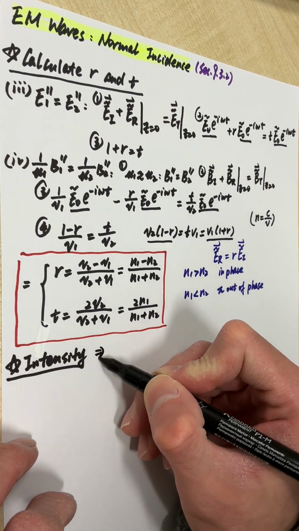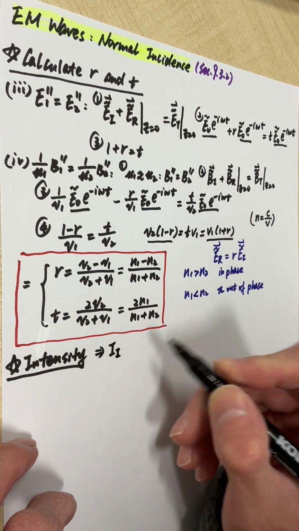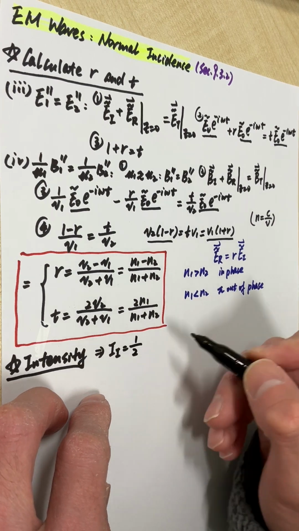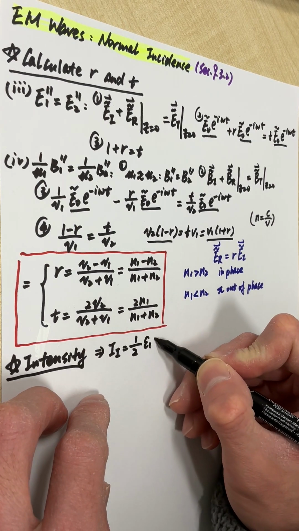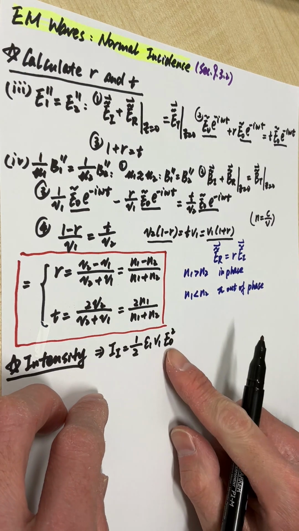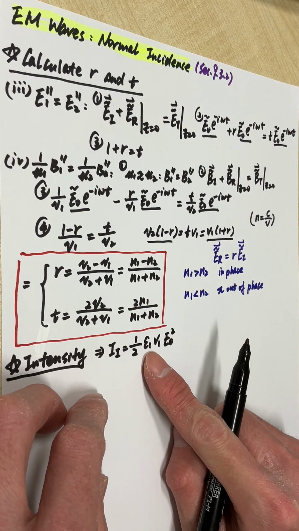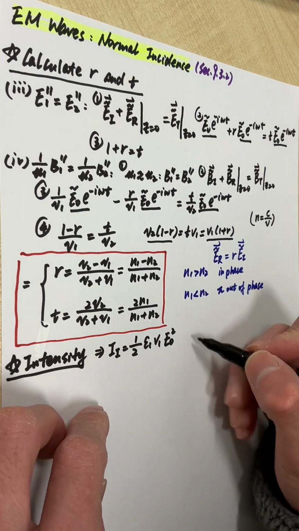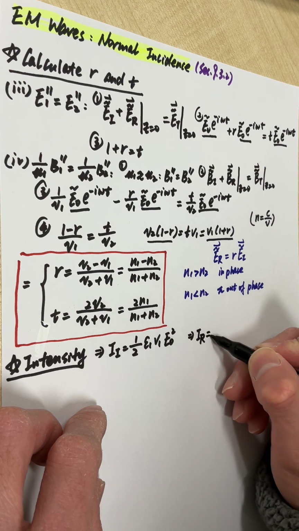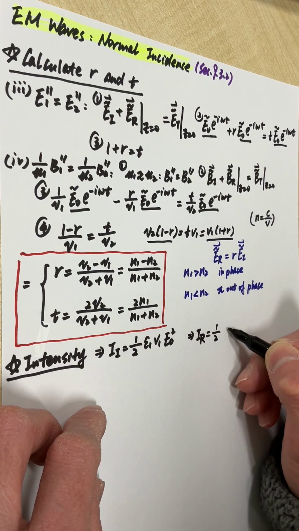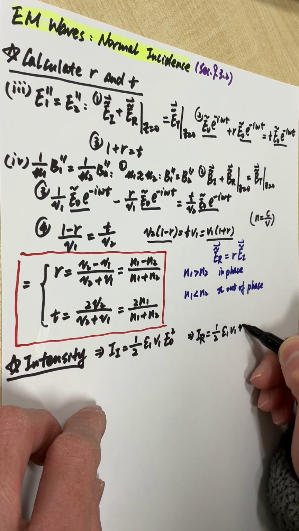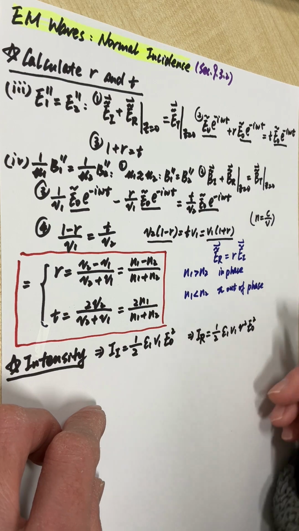So for the incident wave, the intensity I should equal 1 divided by 2, and then epsilon 1 V1, and then E0 squared. That's the amplitude, permittivity and velocity. And then the intensity of the reflected wave, we have 1 divided by 2 again, and epsilon 1 V1, and then R squared E0 squared, right?